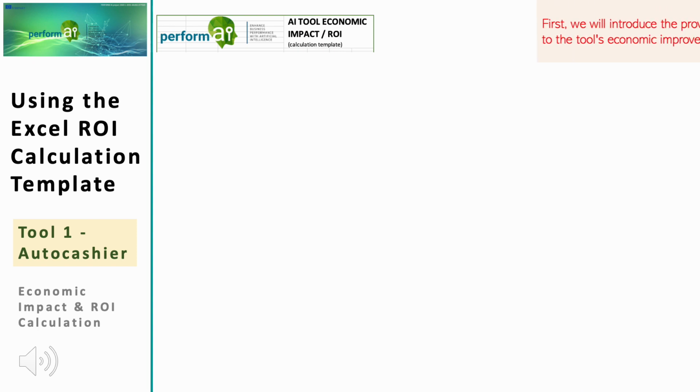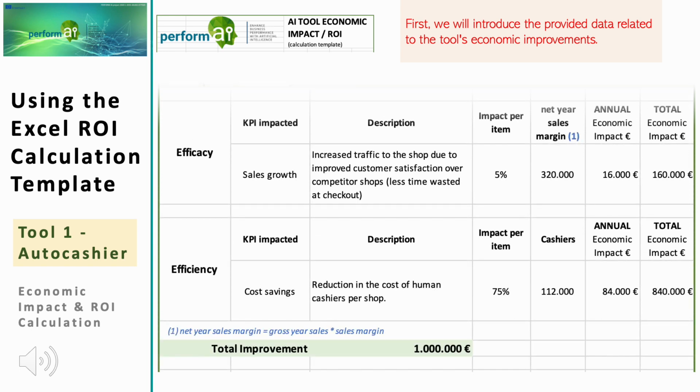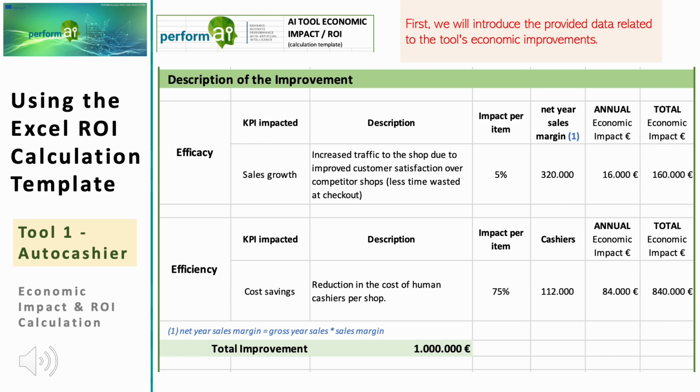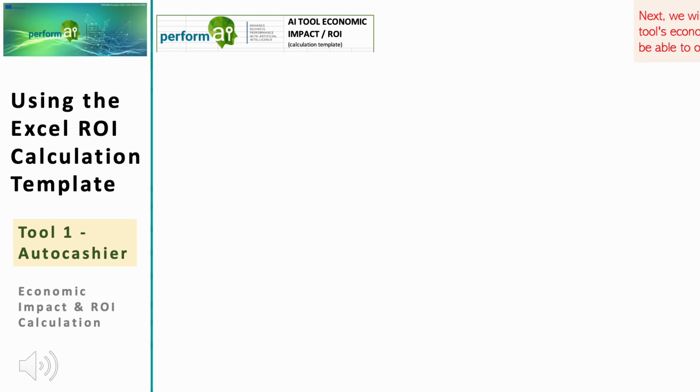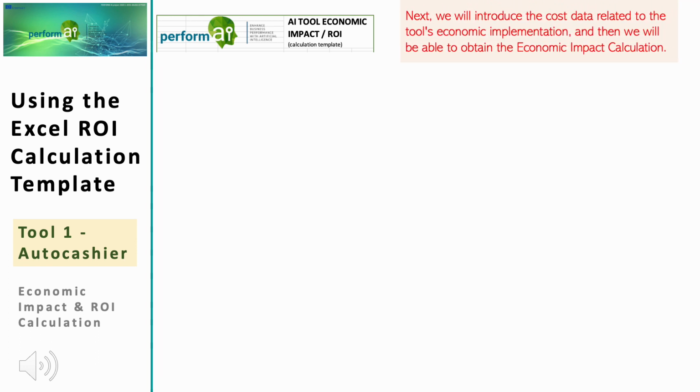First, we will introduce the provided data related to the tool's economic improvements. Next, we will introduce the cost data related to the tool's economic implementation, and then we will be able to obtain the economic impact calculation.